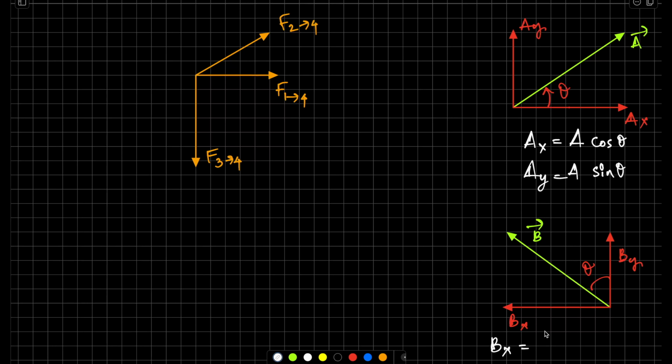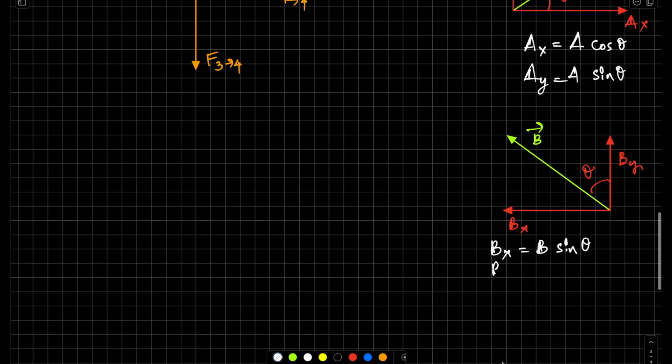If a component is not touching the angle, it's the vector multiplied by the sine of the angle: B sine theta. Yeah. What about By then? By is touching the angle, right? So B cosine theta.